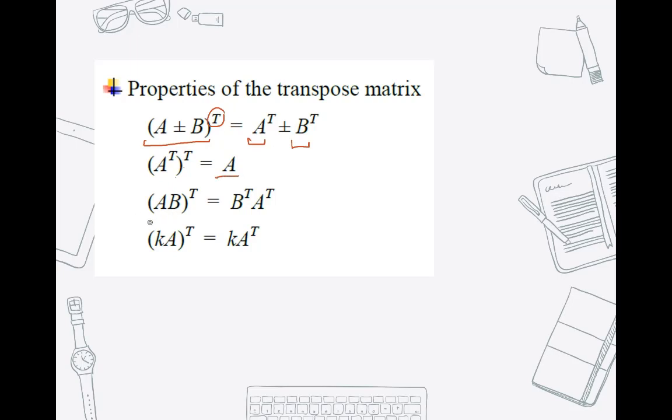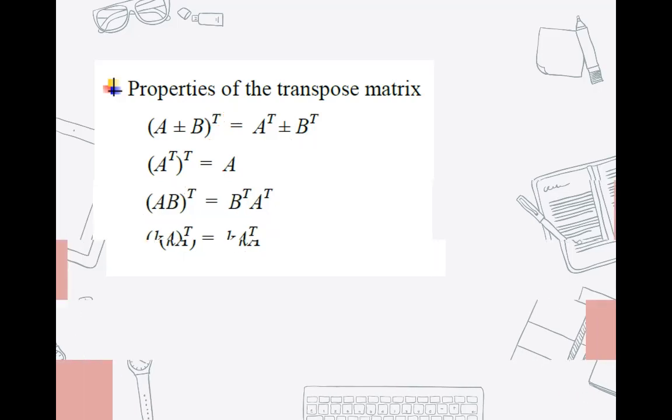For multiplication, when we multiply two matrices and then transpose, it is the same as transposing matrix B and then multiplying with the transpose of matrix A. Be careful: this is A times B, whereas this is B transpose times A transpose. For scalar multiplication, if we multiply a scalar with matrix A and then find the transpose, it is the same as finding the transpose of matrix A and then multiplying with the scalar. Now let's look at the first example.